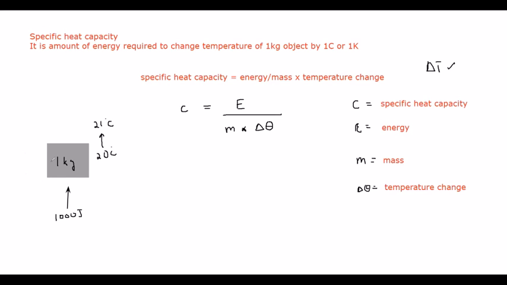If the question is, what is the specific heat capacity? Specific heat capacity is energy supplied, which is 1000 joules, divided by mass, which is 1 kilogram, multiplied by temperature change, which is 1 degree.